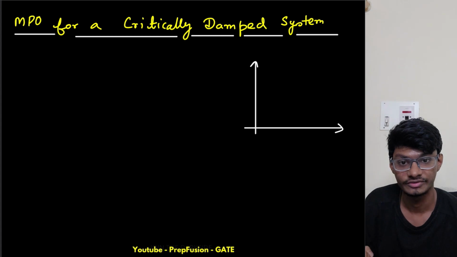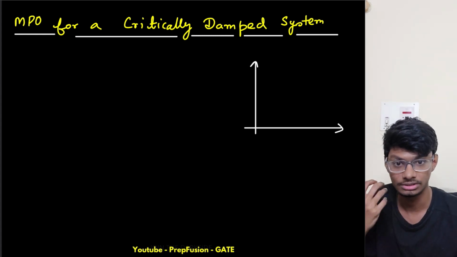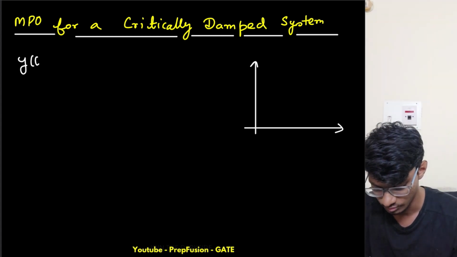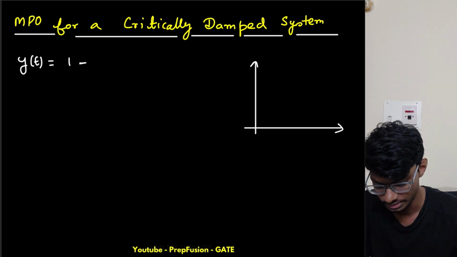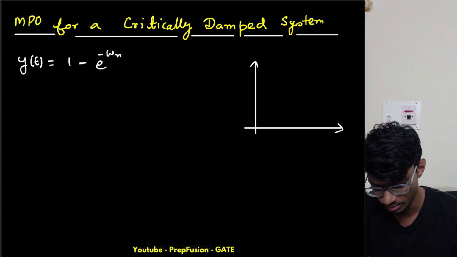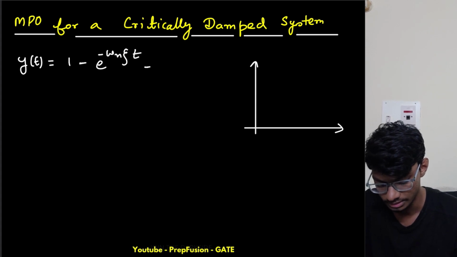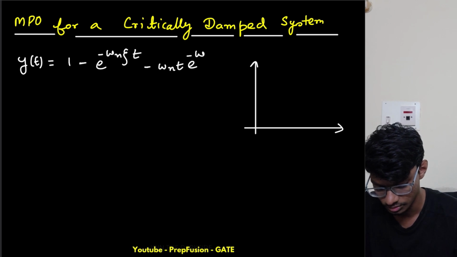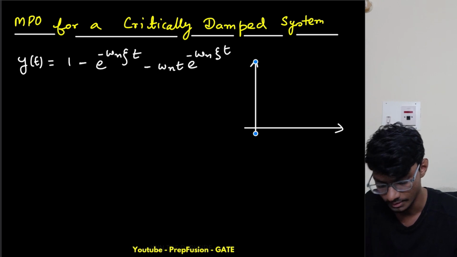So what was my expression for a critical damped system? What was the step response? So it was basically y of t equals to 1 minus, I hope you remember, 1 minus omega n zeta n omega t, and also minus omega n t e raised to power minus omega n zeta t, right?